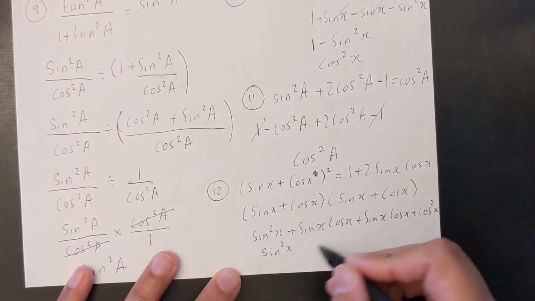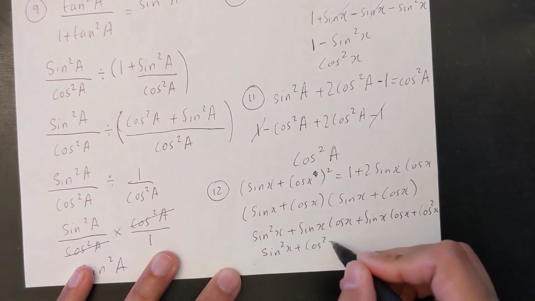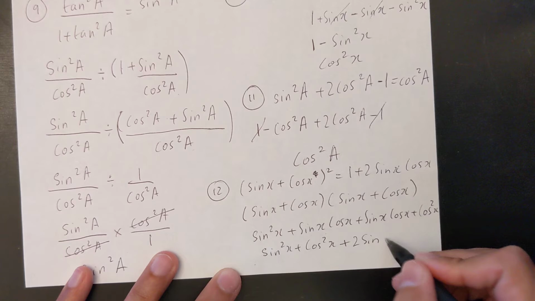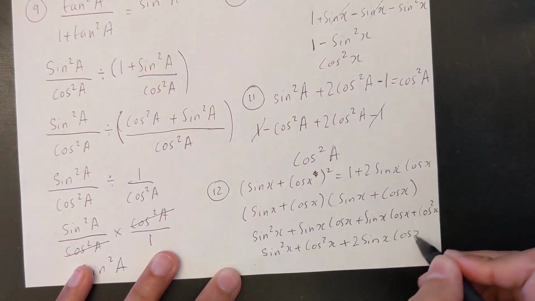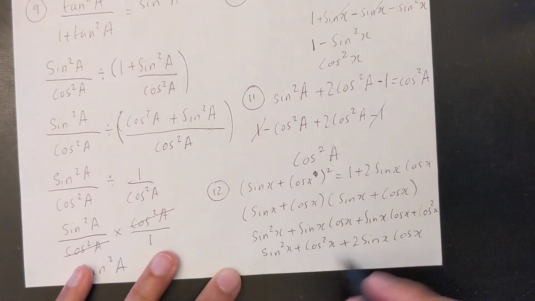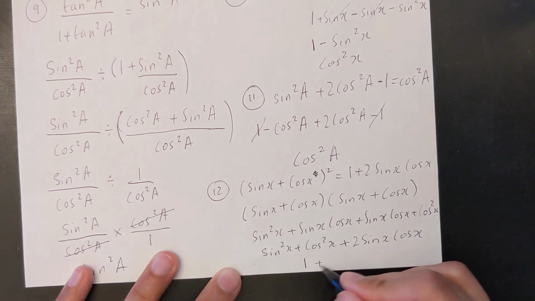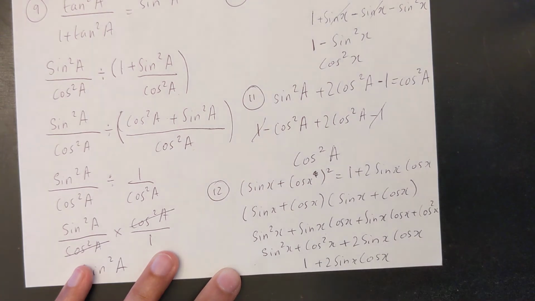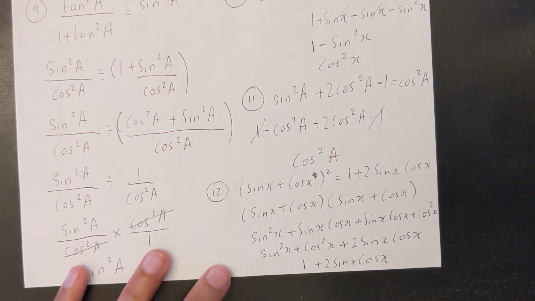So sine square x plus cos square x, and then if I combine these two, plus 2 sine x cos x, then sine square x plus cos square x is just 1. So 1 plus 2 sine x cos x, and that's the other side.